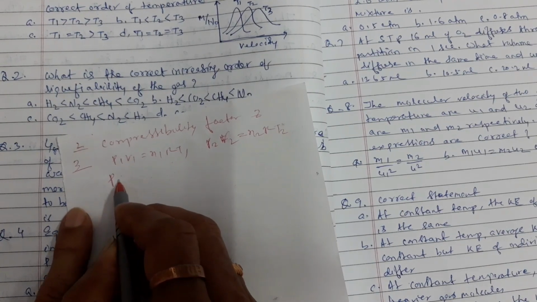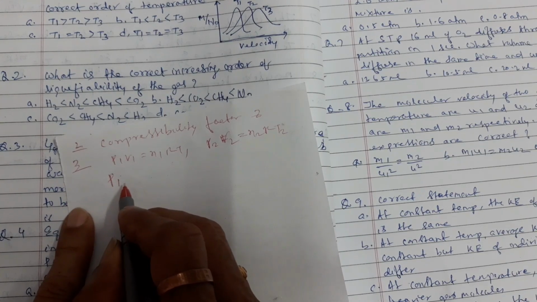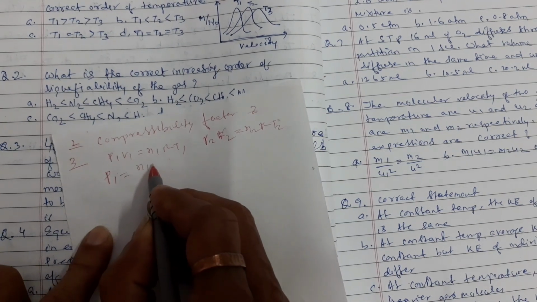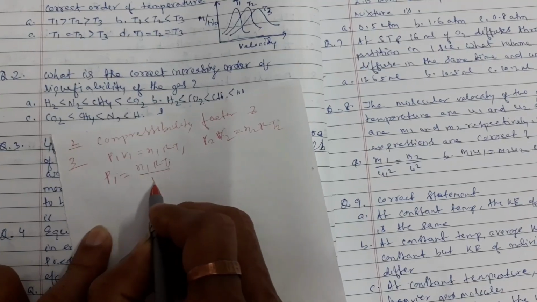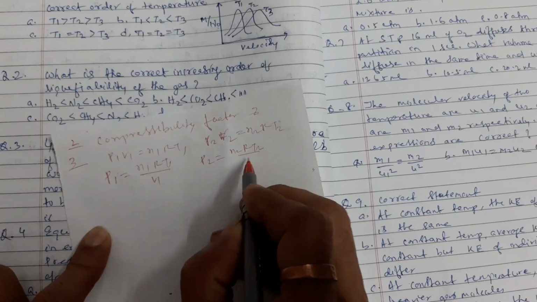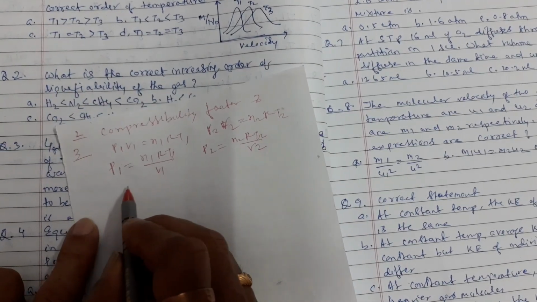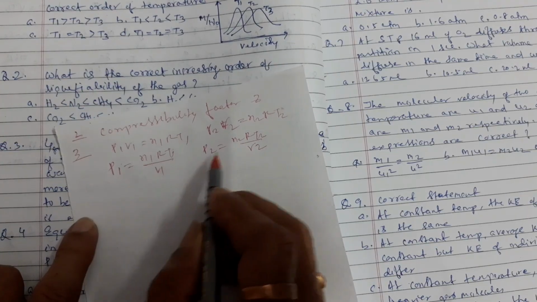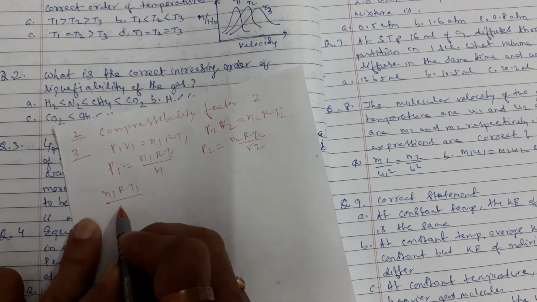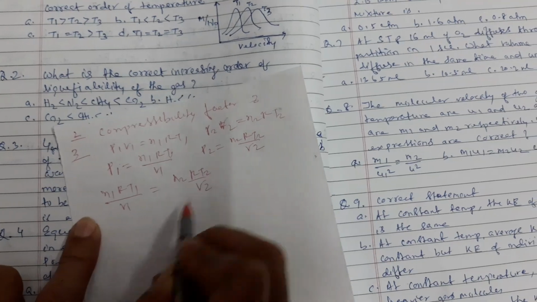So P1 is equal to N1 R T1 by V1, and P2 is equal to N2 R T2 by V2. We have to equate these two because pressure remains constant. So N1 R T1 by V1 is equal to N2 R T2 by V2.